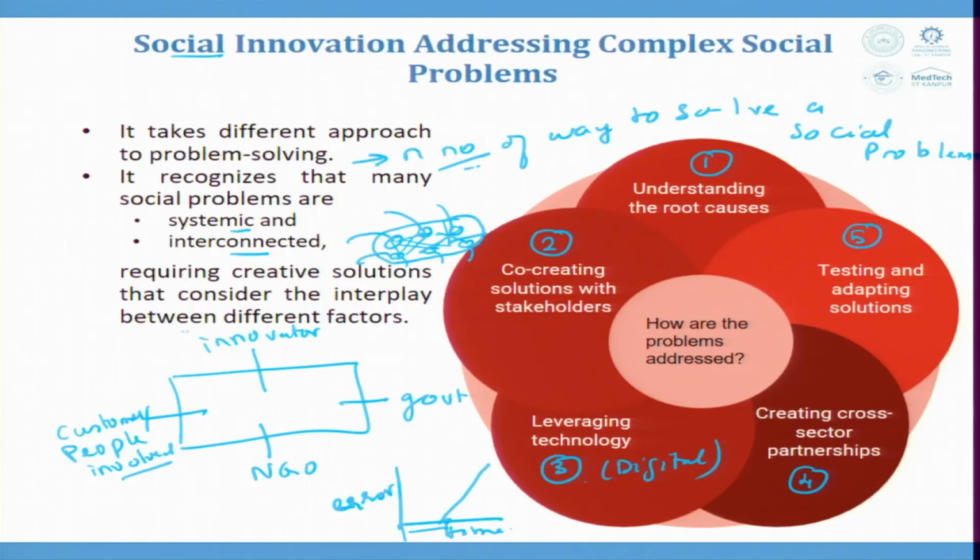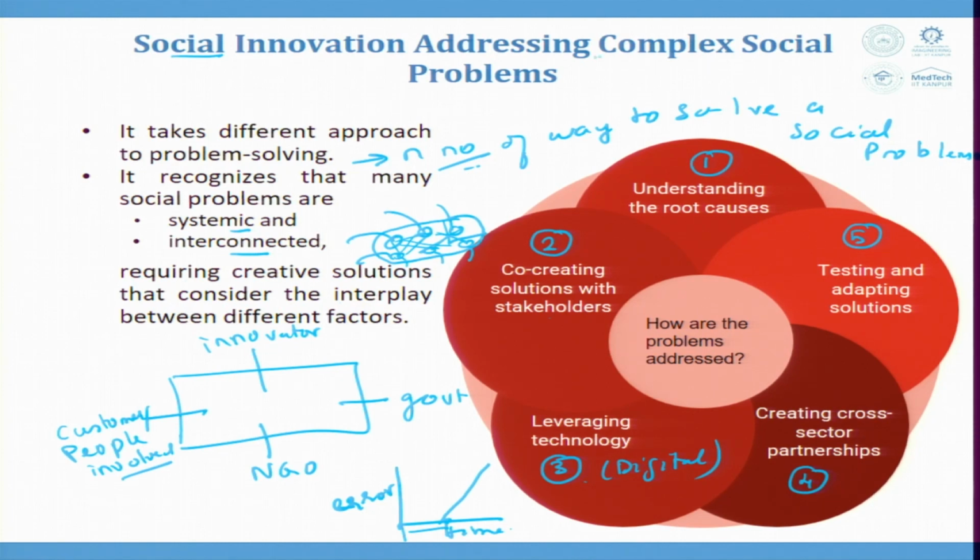All these things are different problems. All these things are interconnected provided the education is given properly. So, that is called an interconnect with the rest of the things, which all require creative solutions that consider the interplay between different factors. So, this is very important.